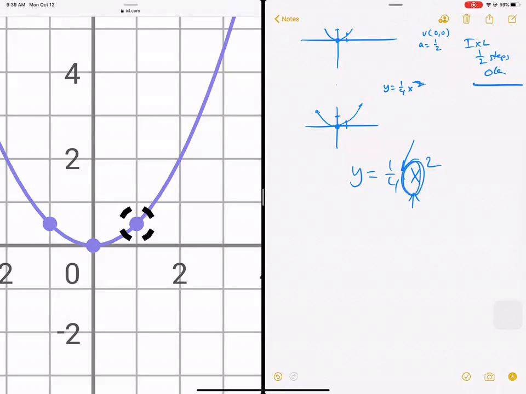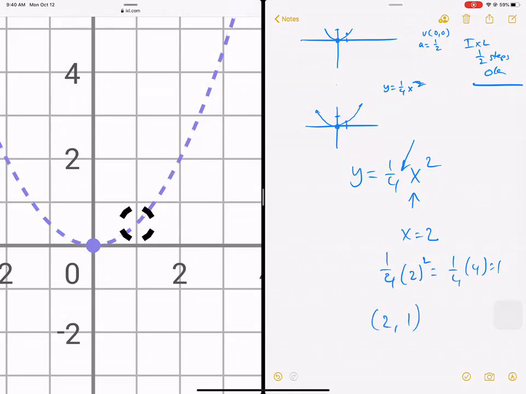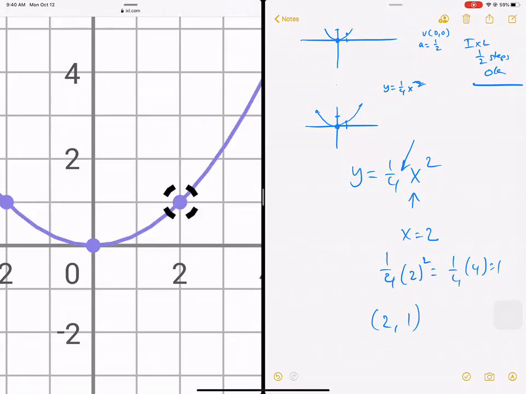Plug in 2. So if I plug in x is 2, we have 1/4 times 2 squared, is 1/4 times 4, is 1. So when x is 2, y is 1. And that's what I want you to do. Graph the second point at 2, 1.